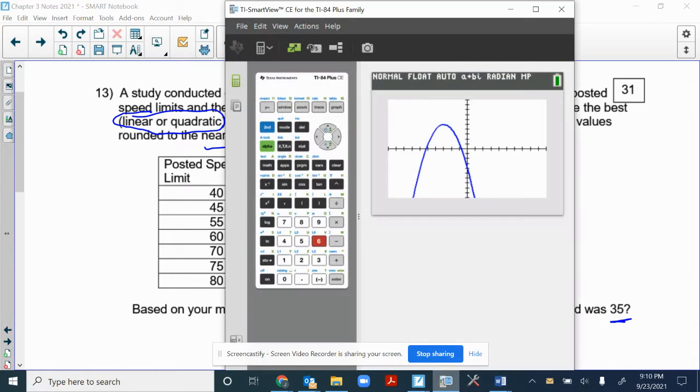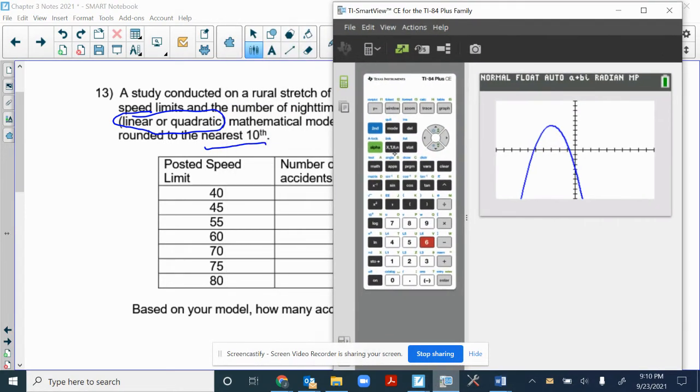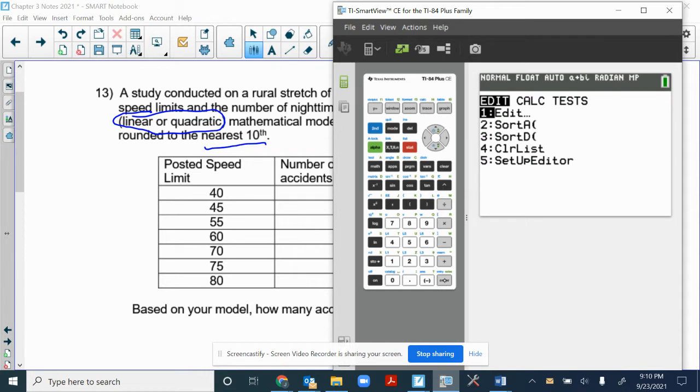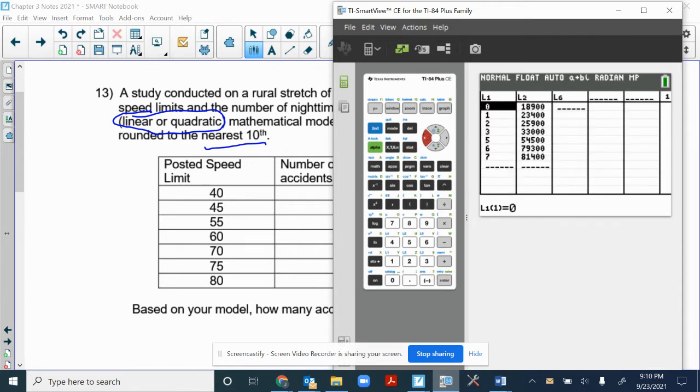So we're going to go to our calculators, and don't mind that, that was a different problem. I'm going to enter these in. The x values are 45, 50, 60, 70, 75, and 80. And remember, make sure you don't forget numbers like 0.